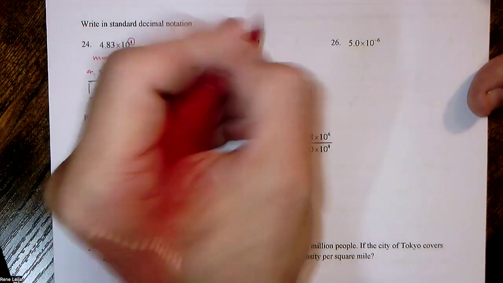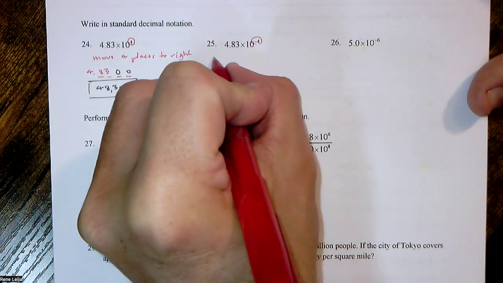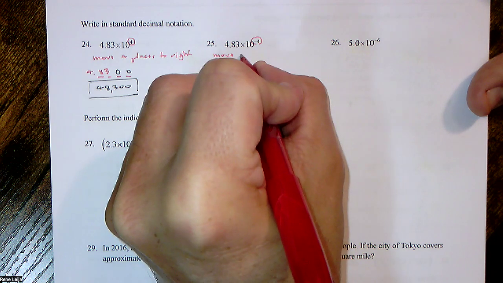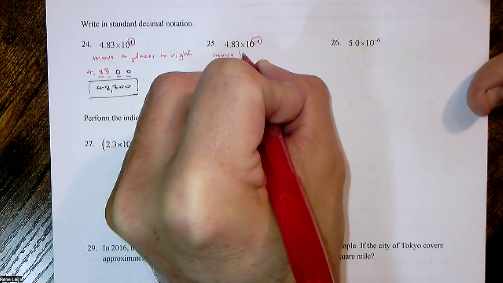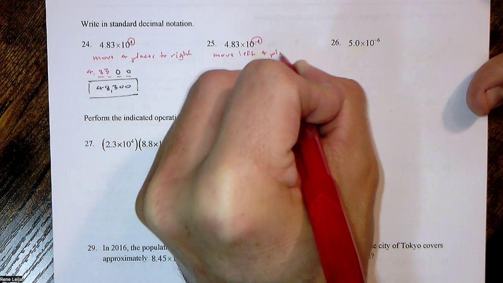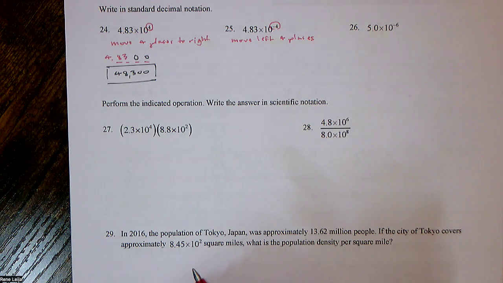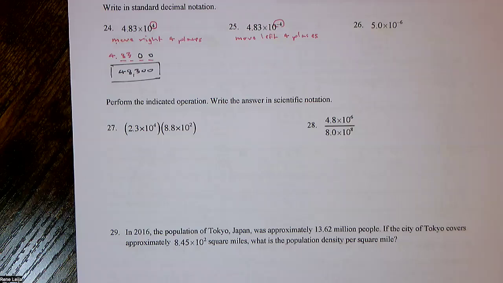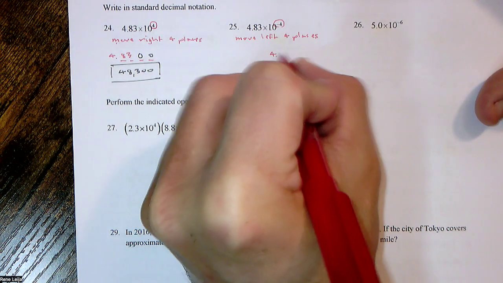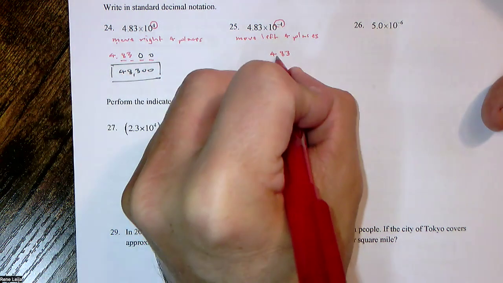Okay. Now here we have a negative exponent. So we're going to move left 4 places, because the negative exponent means my number has to be small. If we start off with 4.83, I have to move 4 places to the left.